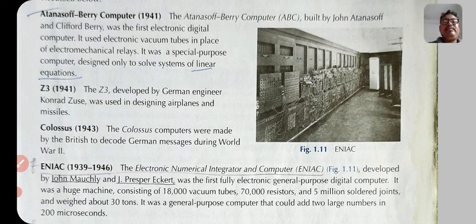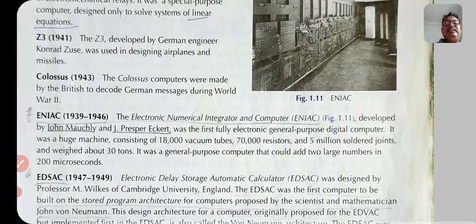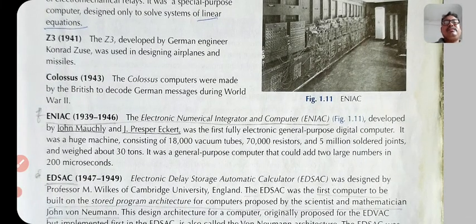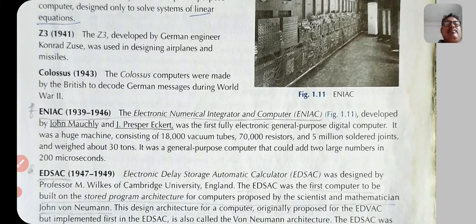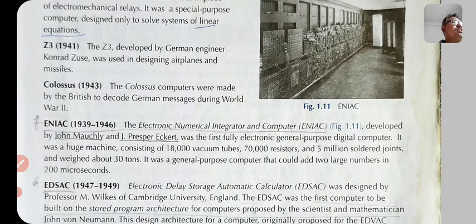Next, in the same year 1941, Z3. The Z3, developed by German engineer Konrad Zuse, was used in designing airplanes and missiles. As you know, first generation computers were used for only specific task purposes. So this Z3 was developed by German engineer Konrad Zuse only for designing airplanes and missiles.